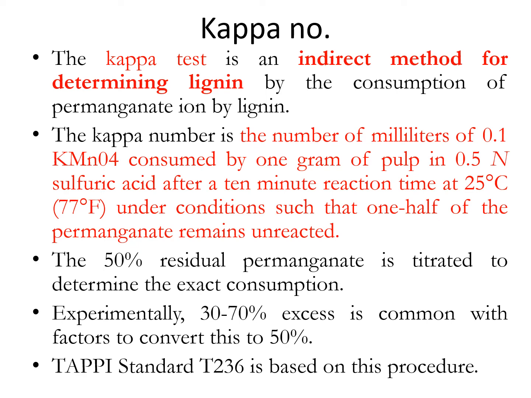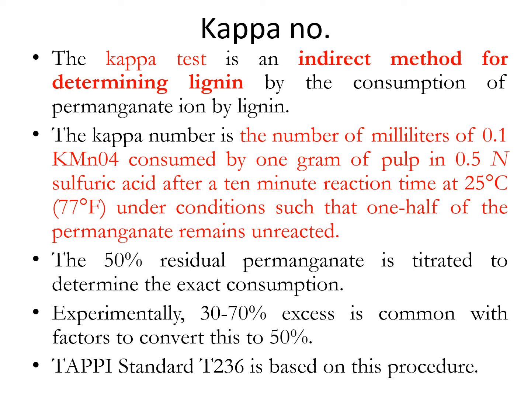Kappa test is an indirect method for determining lignin. The Kappa number is the number of milliliters of 0.1 N KMnO4 consumed by 1 gram of pulp in 0.5 N sulfuric acid after a 10-minute reaction time at 25 degrees centigrade, under conditions such that 1/2 of the permanganate remains unreacted.